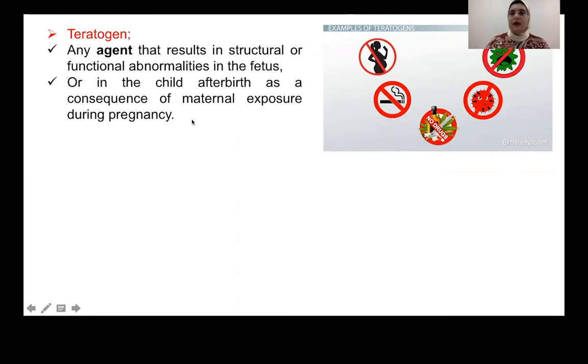For example, if the mother took certain drugs which are teratogenic, then during the development of the baby in her uterus, some structure abnormalities, it means defect in the organ development, can happen in her baby. Or functional abnormality, it means after the child is born, they discover some abnormality in the function of the heart or the liver or any organ. These abnormalities are due to the teratogenic agent.